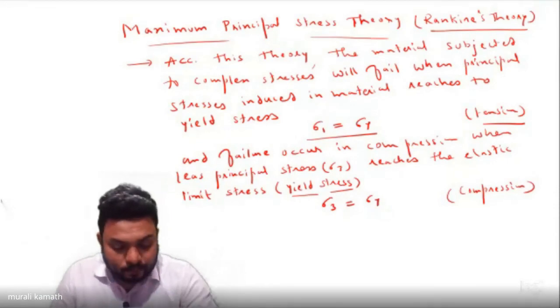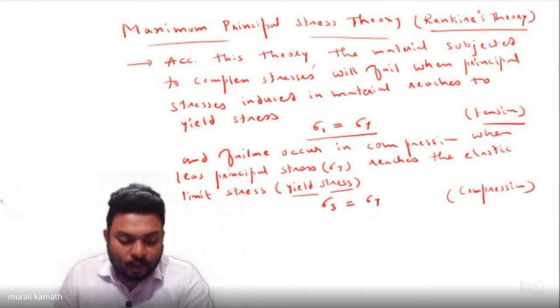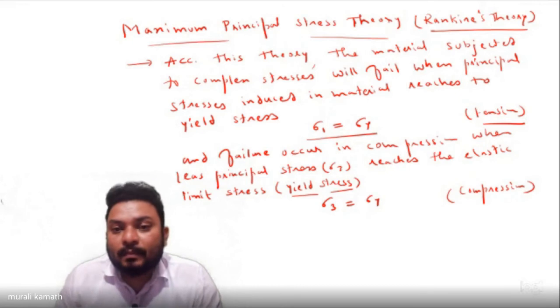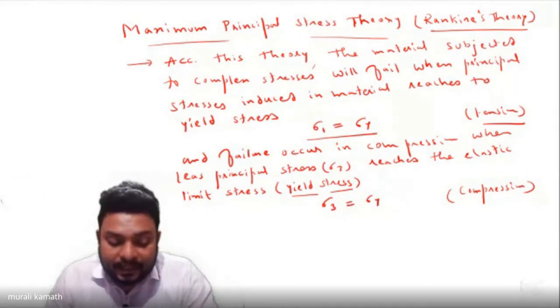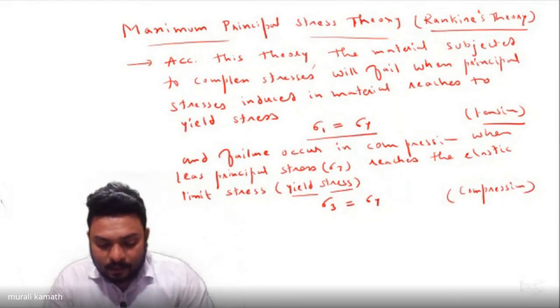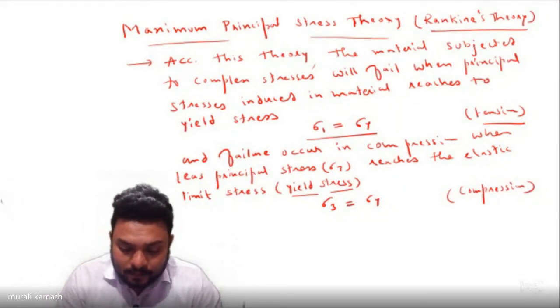Okay. So now you understood the sigma 1 will be in tension, this will be in compression. When it is going to reach the yield stress, that is going to be a failure. Okay.